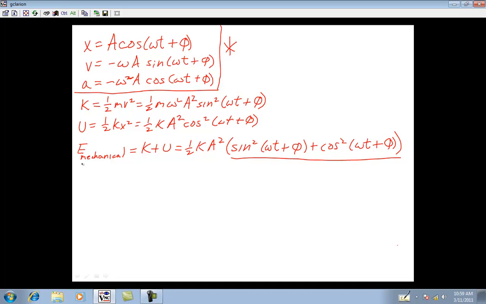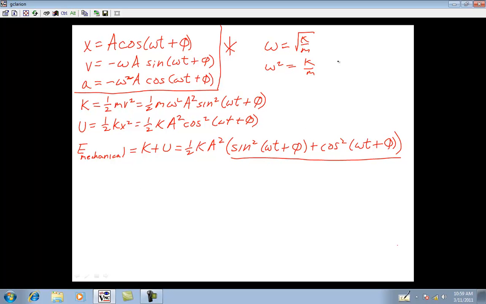Now, here's what happens with this from this derivation. Remember last time we proved that omega was equal to the square root of k over m. If I square both sides, I get omega squared is equal to k over m.